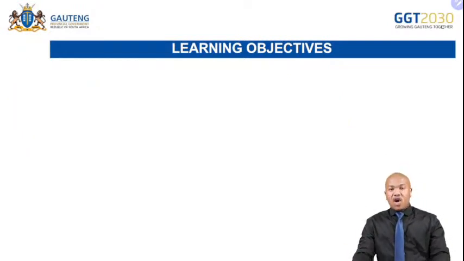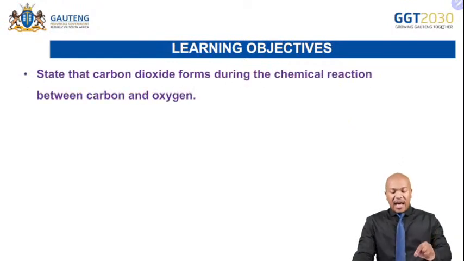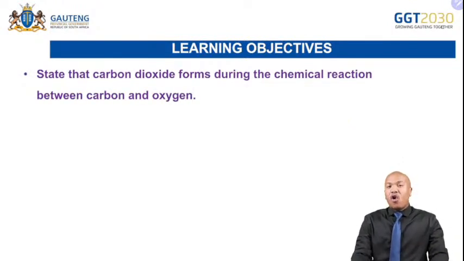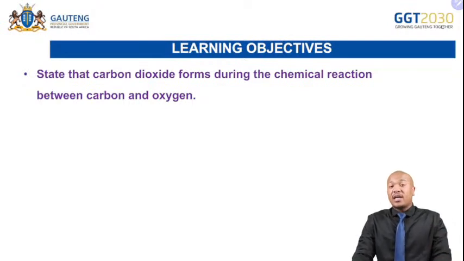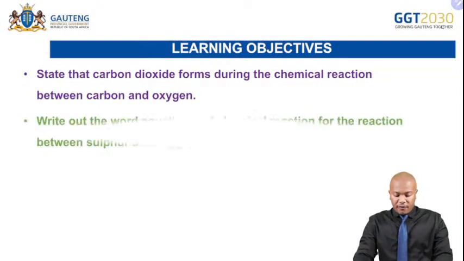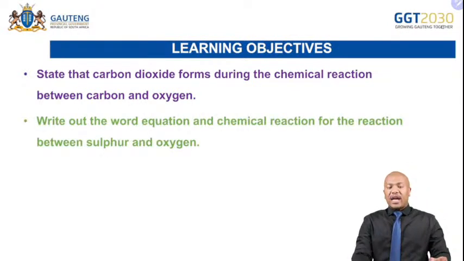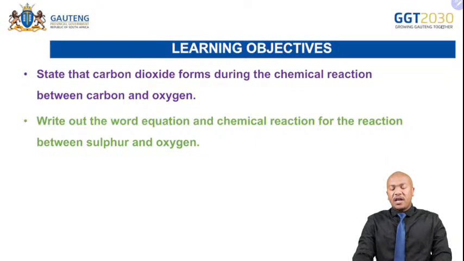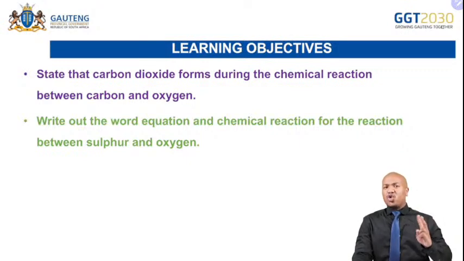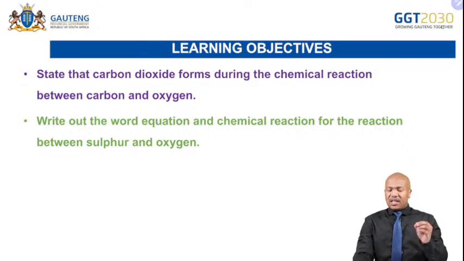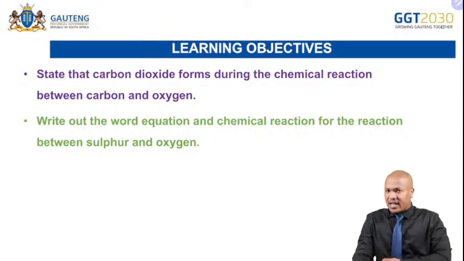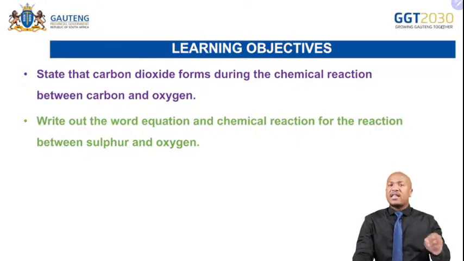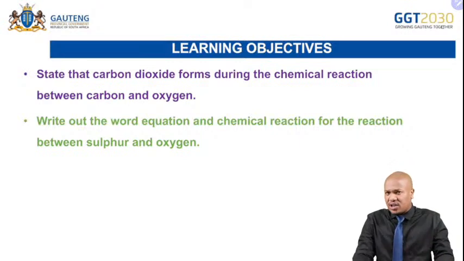Thirdly, you need to be able to state that carbon dioxide forms during the reaction between carbon and oxygen. Number 4, you need to be able to write out the word equation and chemical equation for the reaction of sulfur and oxygen. So we're looking at two main things here, right? Writing out the word equation and chemical equation, again for sulfur and oxygen, as you did with what?